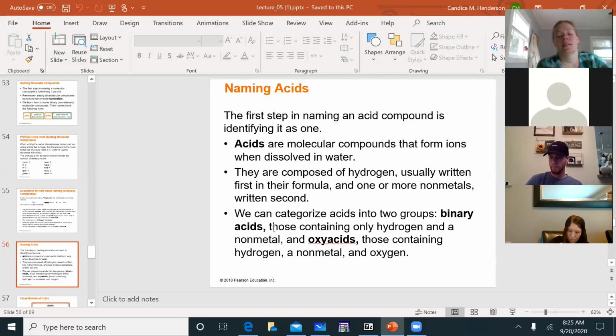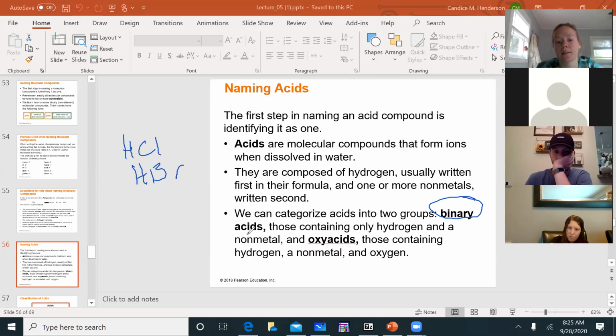We can categorize our acids as either binary or oxyacids. A binary acid is an acid that contains just one other thing. So like HCl. HCl is an example of a binary acid. HBr is an example of a binary acid.